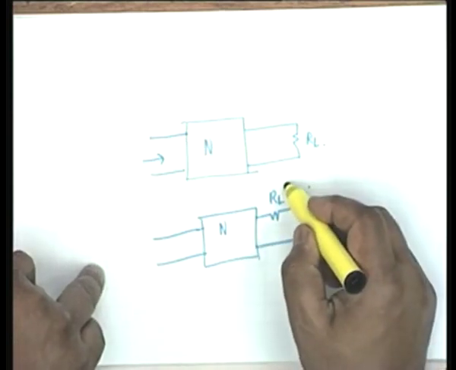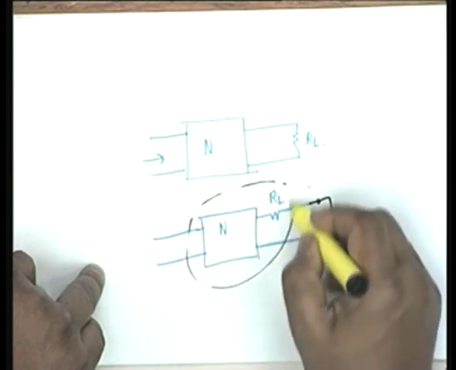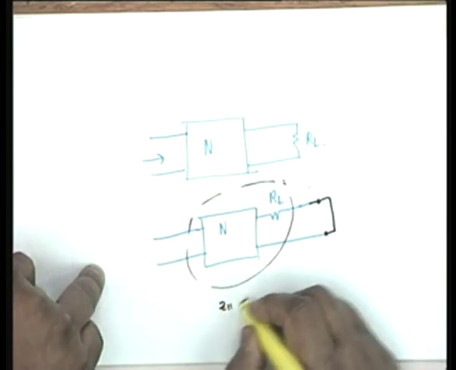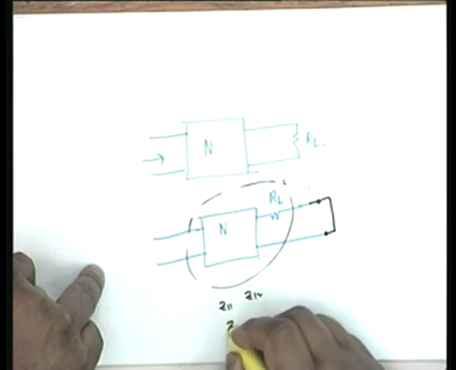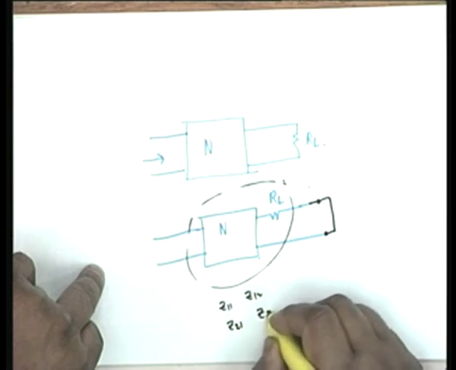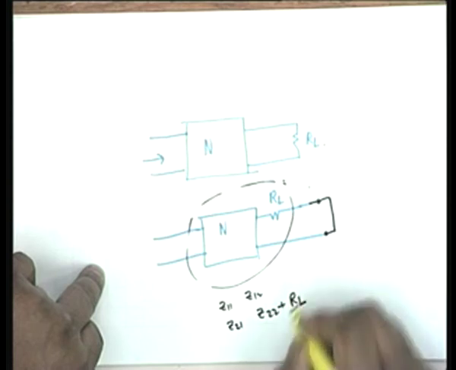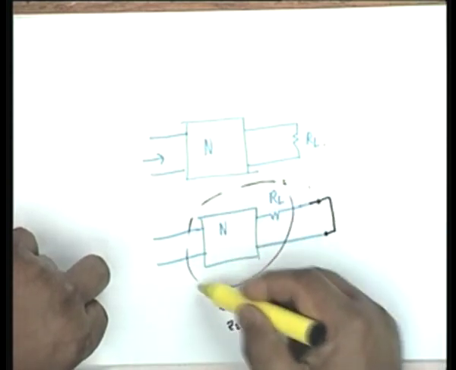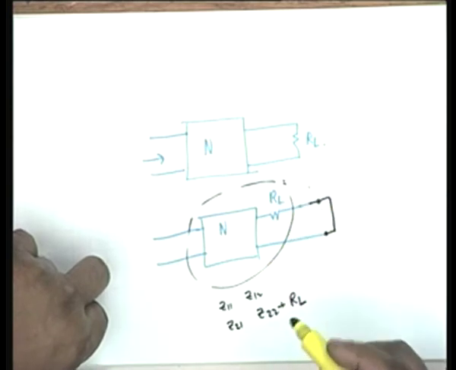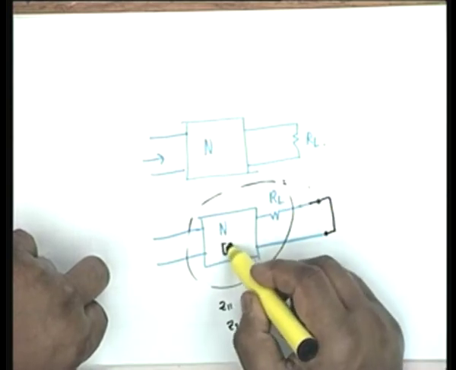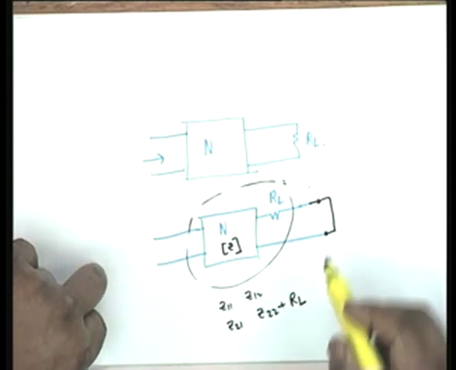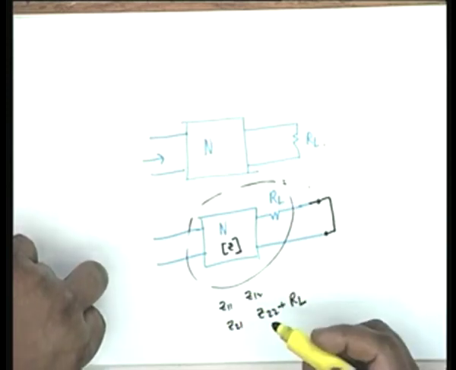So this network, what are the Z parameters of this network? Z11, Z12, Z21. The only thing that happens is Z22 is augmented by RL. Agree? The Z parameters of this black circled network N are given by the Z matrix, and the Z parameters of this augmented network are this.